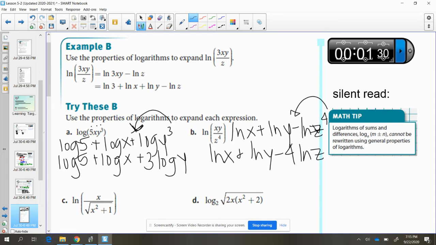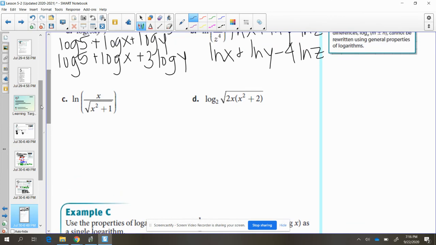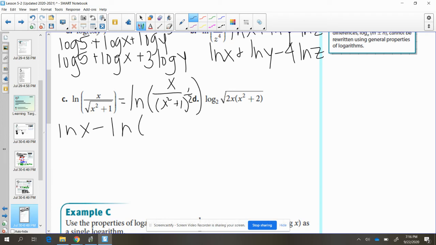All right, these last couple examples are a little crazy. So let's look at C. Notice we have a couple things going on here. I'm going to start by rewriting this as ln of x divided by x squared plus 1 to the 1/2, because we can rewrite a square root as the 1/2 power. And then we can break this up: ln of x minus ln of x squared plus 1 to the 1/2.